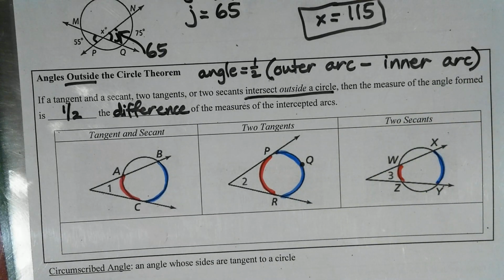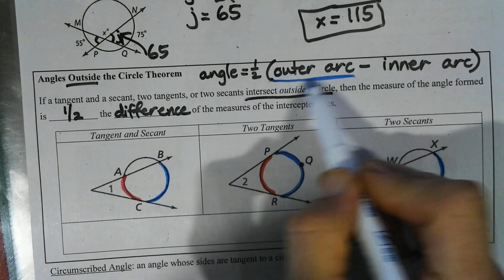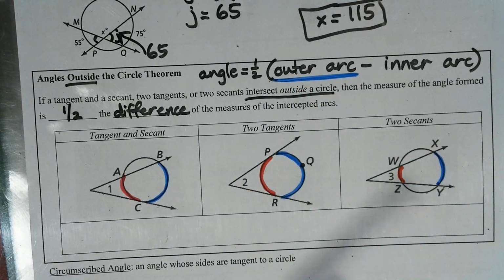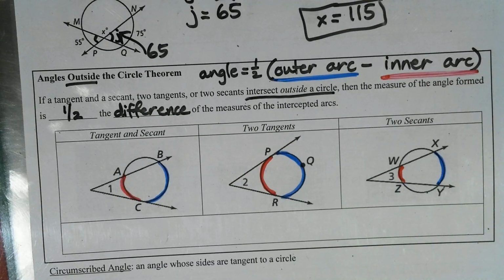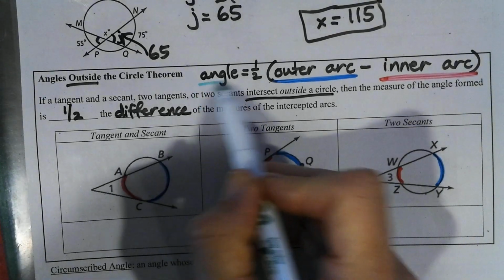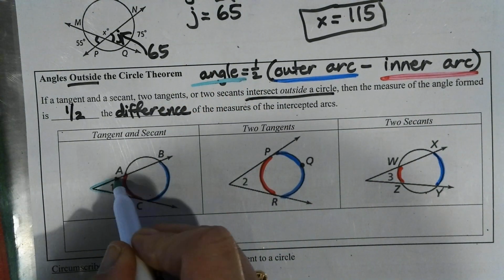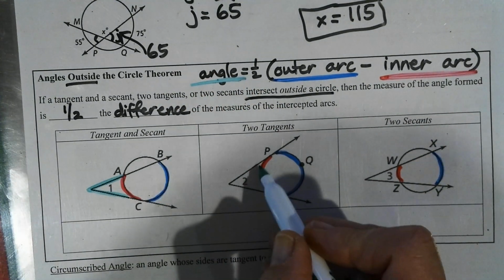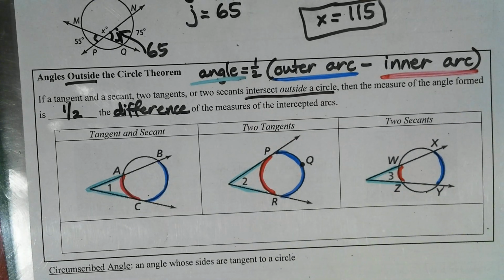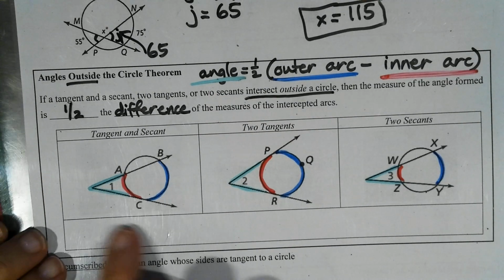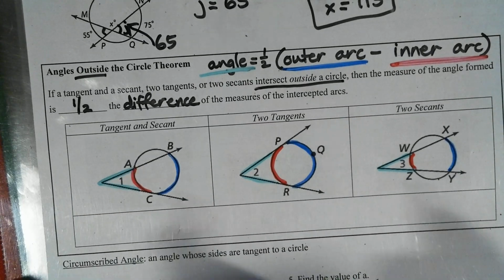And if you're color coding, make that blue, make that red. And if you want, let me just go ahead and label angle 1, angle 2, angle 3 as they intersect. I also want you to write right under here a little bit more.